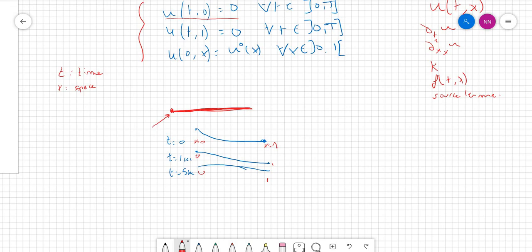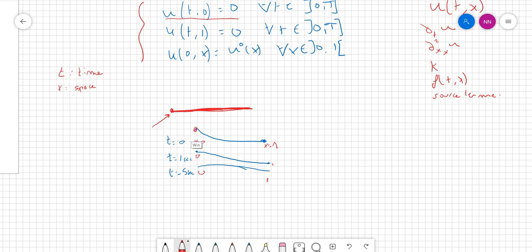So when I say u(t, 0) is equal to 0, what does it mean? It means that your function when x is equal to 0, even when the time changes, will always be 0.